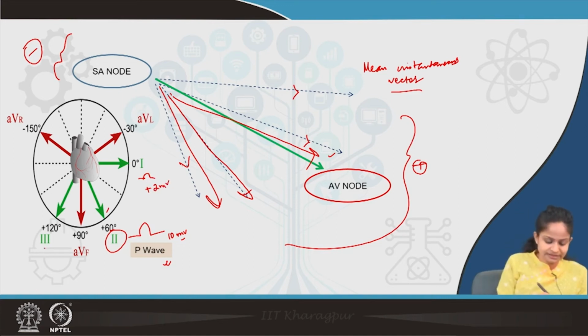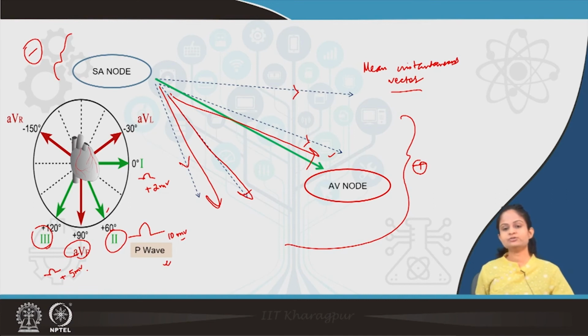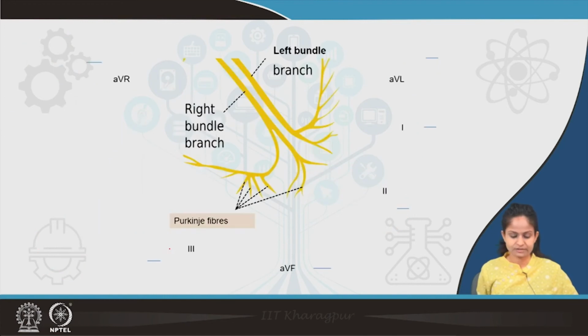Similarly, in lead 3 or AVF, the deflection of the P wave may be plus 5 millivolt. So, the amplitude of the deflection varies with the positions of the leads based on their angles. AVR is the lead giving the negative deflection of the P wave, because it is situated just opposite to the direction of the wave of depolarization.